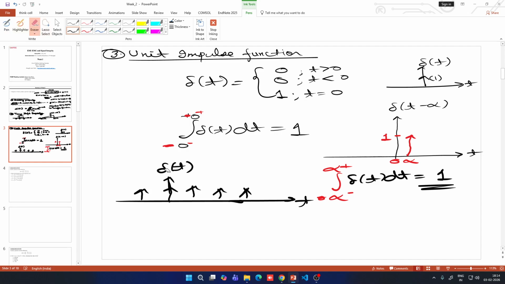Now we are not talking about a single unit impulse, we are talking about a train of unit impulse functions. If it is a unit impulse, the amplitude will be 1, so the 1 in the bracket denotes the amplitude of this pulse. So this is x of t.